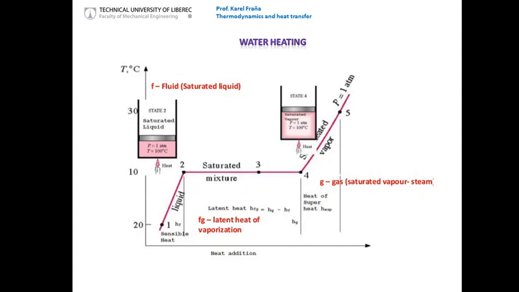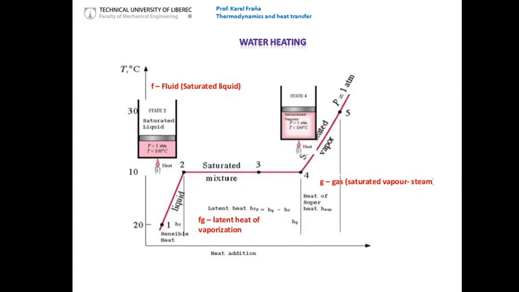What can happen? You still supply the heat and you will observe that some small portion of the liquid will be evaporated and gas will be created. You continue to supply the heat until you reach point 4.